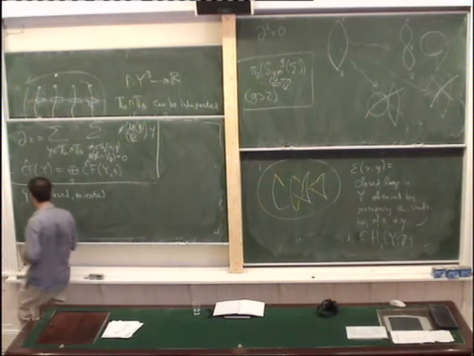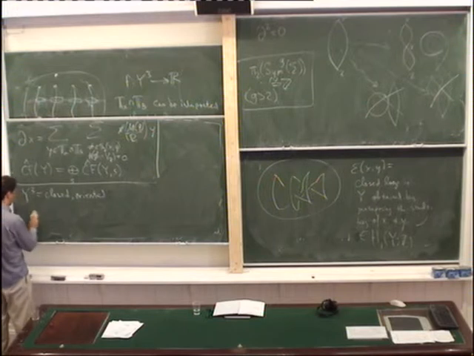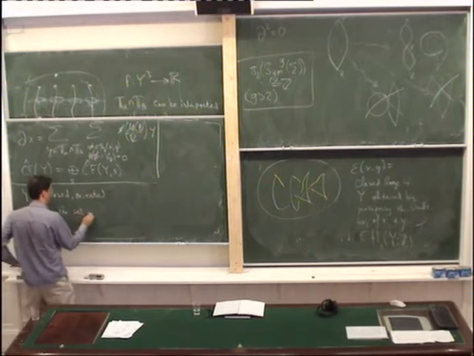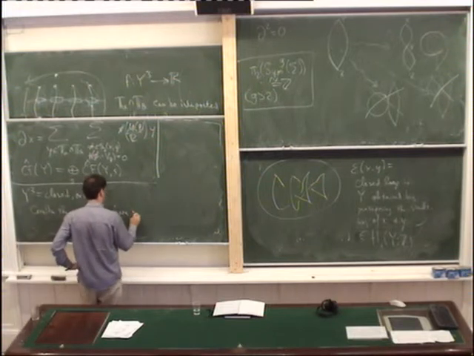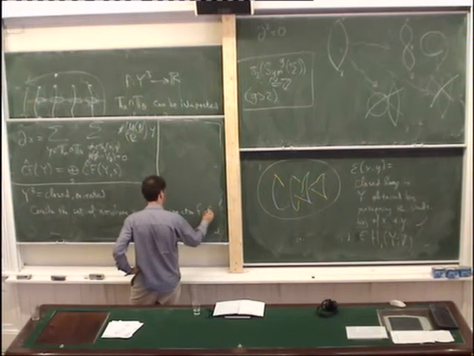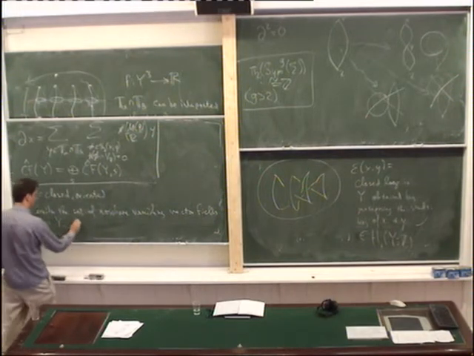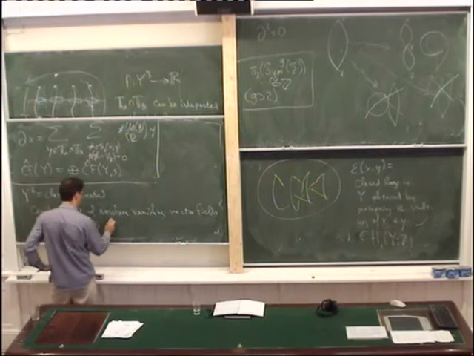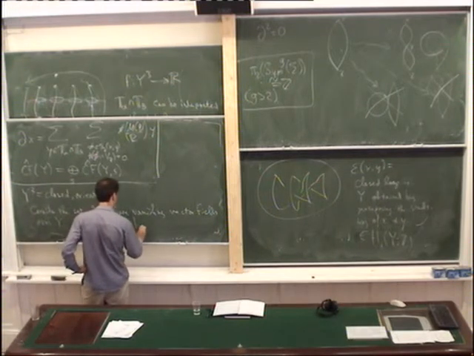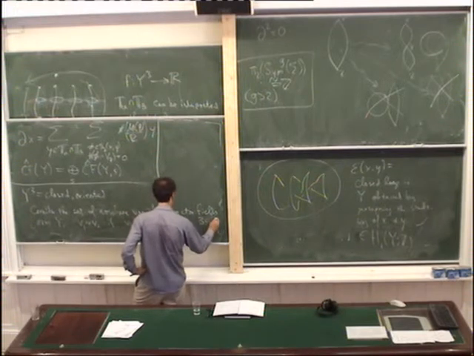Then we can look at vector fields V. So consider the set of nowhere vanishing vector fields over Y, modulo the equivalence relation that V1 is said to be equivalent to V2 if V1 restricted to Y minus a ball is homotopic to V2 on Y minus a ball, where B is some ball in the three-manifold.